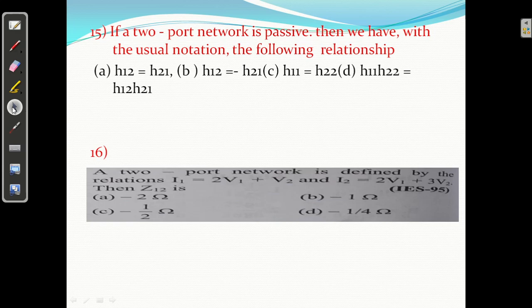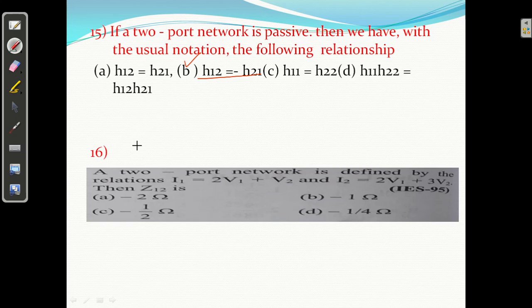H12 equal to H21. Okay. H12 equal to minus H21. This is correct. B answer is correct. If this is reciprocal or passive, H12 equal to minus H21. Okay. So B answer is correct.